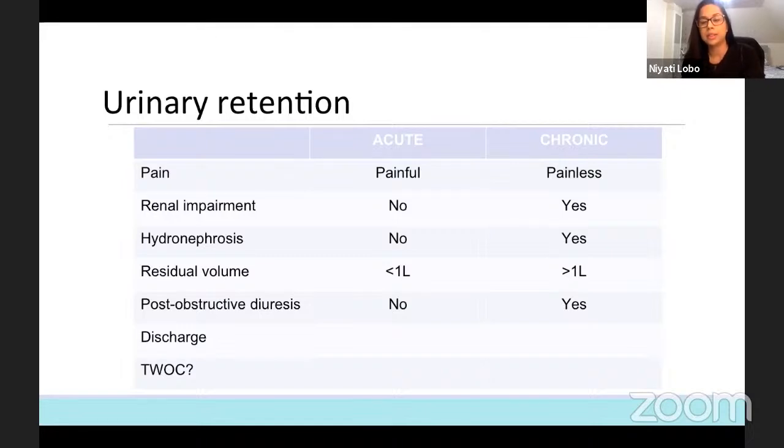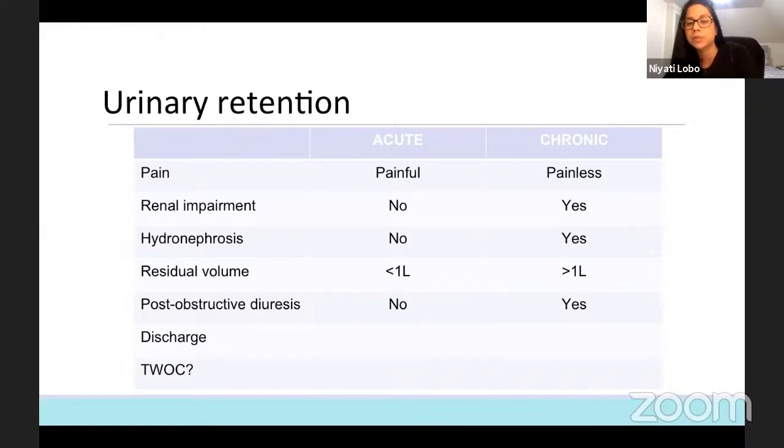So you'll have a transient physiological diuresis, which is completely normal. But if that is happening for a prolonged period of time, that needs treatment, and also marks the patient out for being a chronic retainer as opposed to an acute retainer.